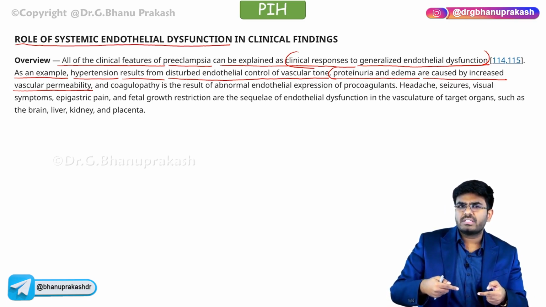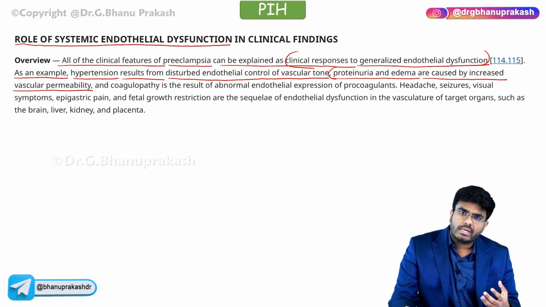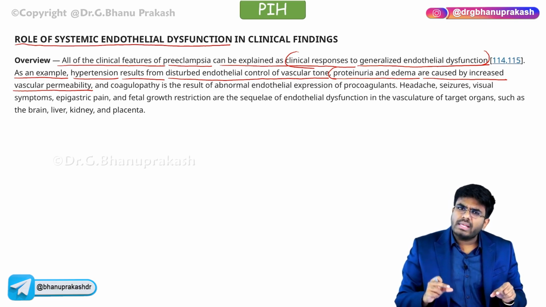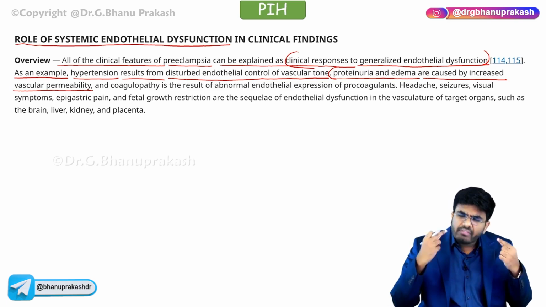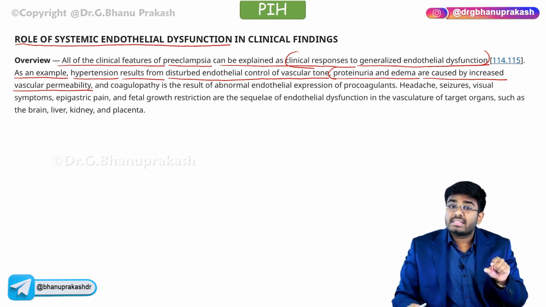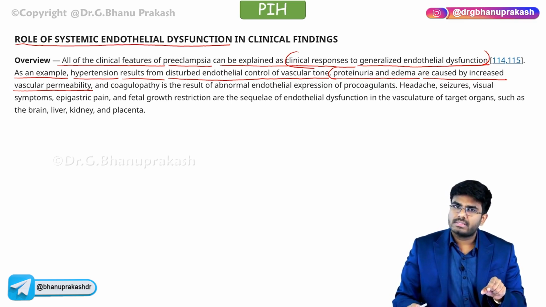So preeclamptic patients can present with edema. Yes, definitely they can present with edema. And why is there proteinuria? Endothelial damage can occur not only in the placental blood vessels, it can happen anywhere in the body of the mother. If the endothelial dysfunction is happening in the kidneys of the mother, what happens?